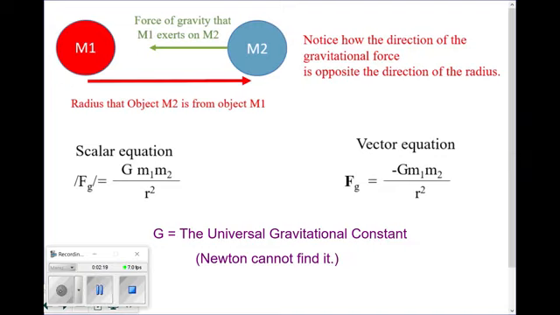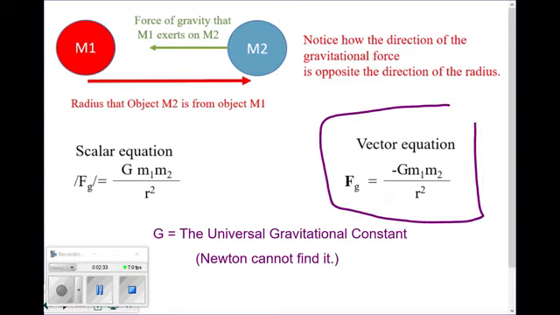We really can't say that to the right is positive or to the left is negative, because that would be very arbitrary. So a lot of times when we're dealing with gravitational forces, you might see a vector equation that has a negative sign in front of it. This is using the radius as the positive direction. As far as m1 is concerned, anything going away from m1 would be a positive direction.